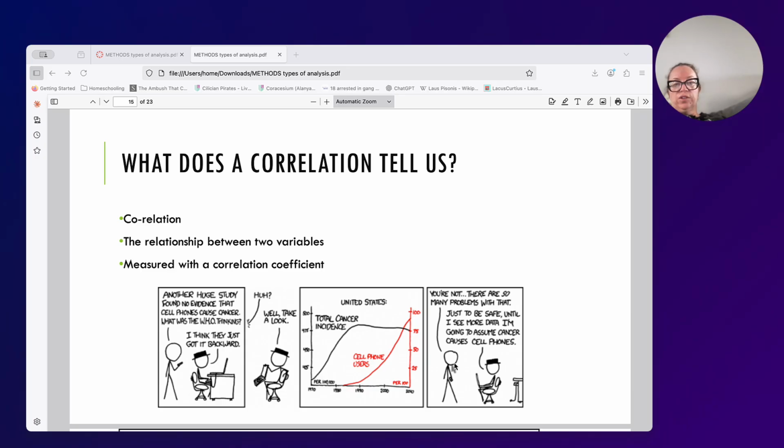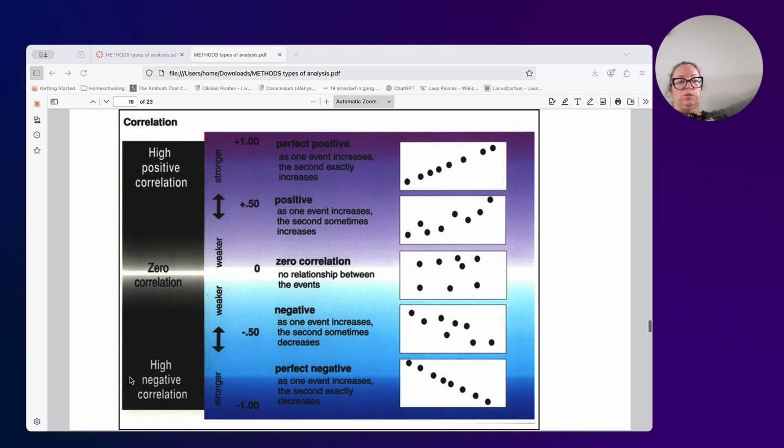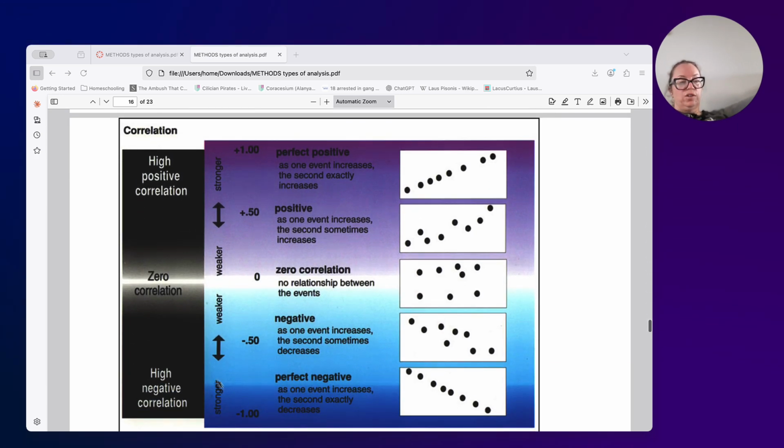And then we see a funny conclusion here that cell phones cause cancer, or cancer causes cell phones. But in reality, we can't make any claim like that because correlation does not imply causation. It just tells us if two variables are related and how related they are. Actually, a lot of people believe cell phones cause cancer.